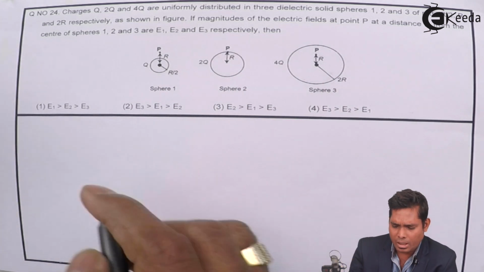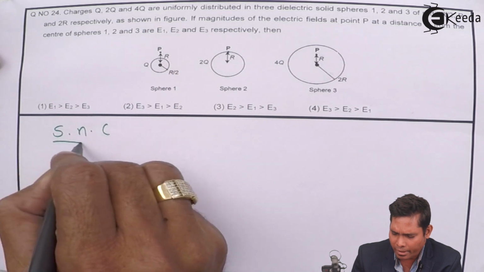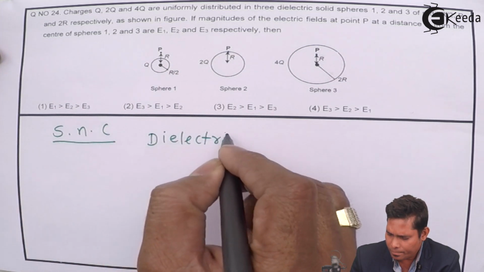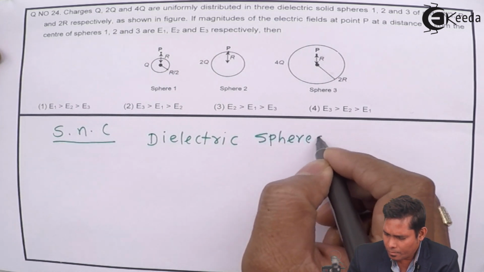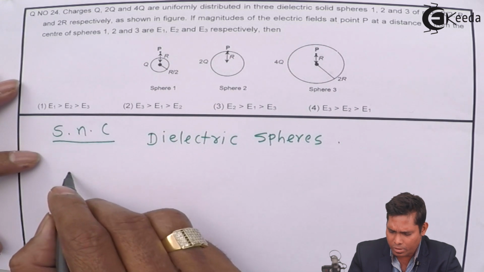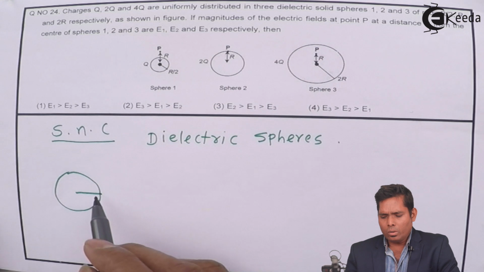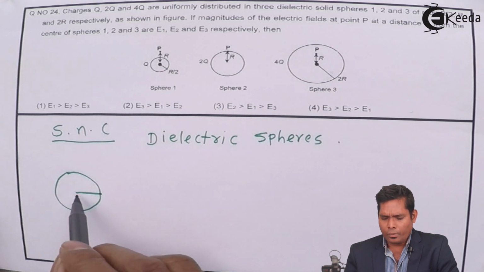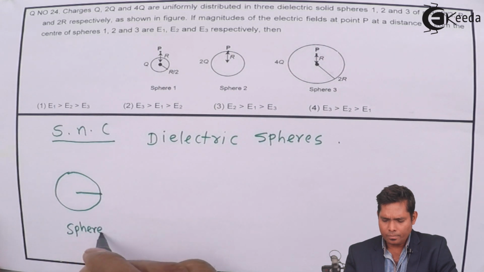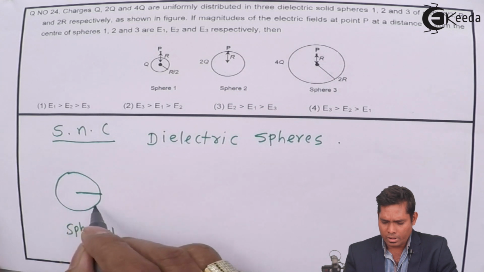Because this is a solid non-conducting, dielectric sphere, for the first one, sphere 1 has radius r by 2.